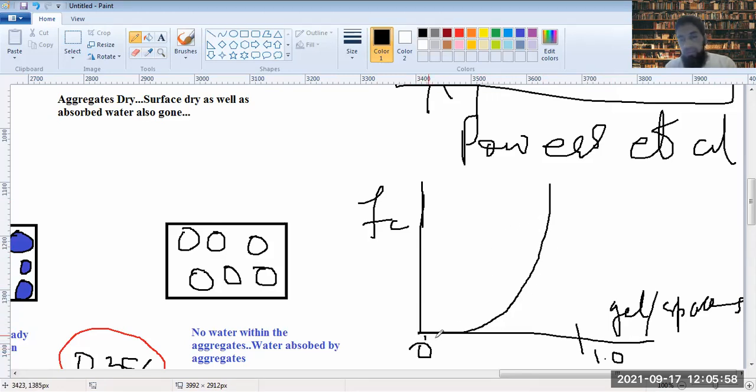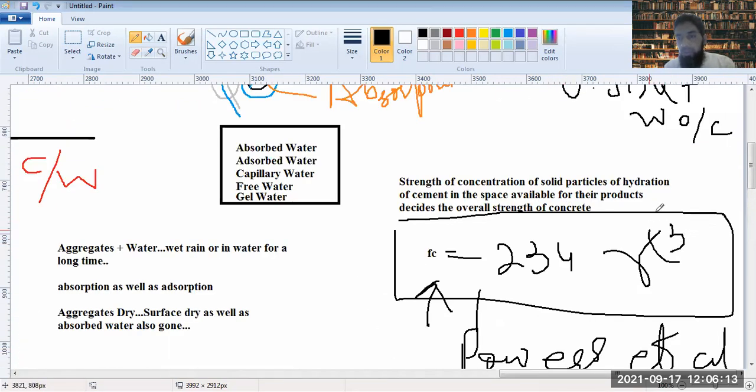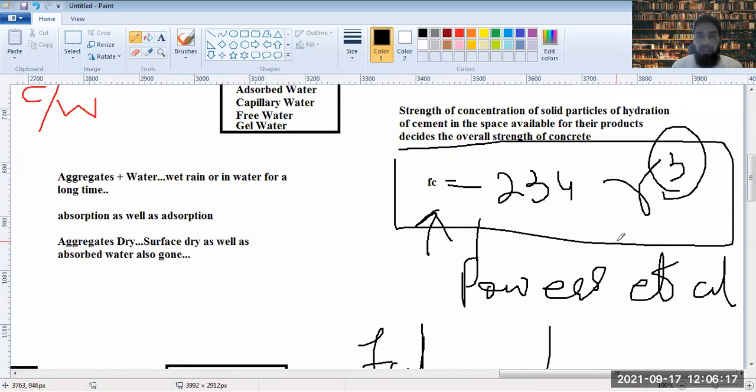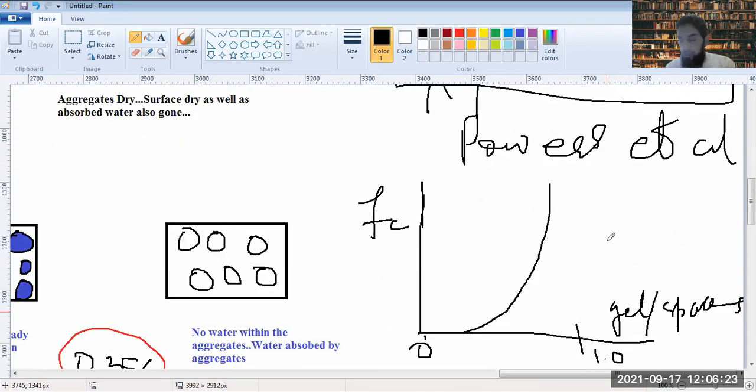When you have 0 gel, the strength will be 0 because there is no solid particle. When there is more and more gel with respect to the space, the strength keeps on increasing, and it's increasing in a cube. This is a cube equation, so it's not a quadratic. This is a cubical equation, increasing cubically, a polynomial of 3-degree order.